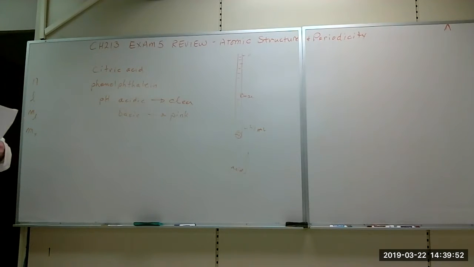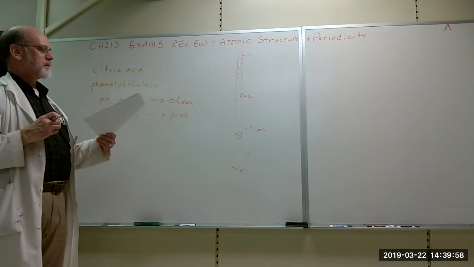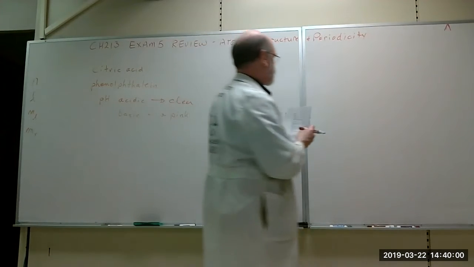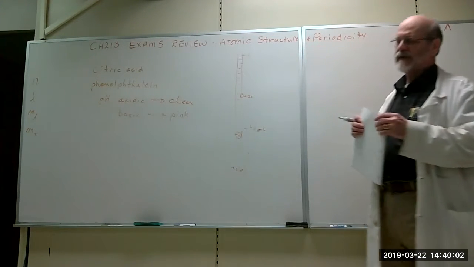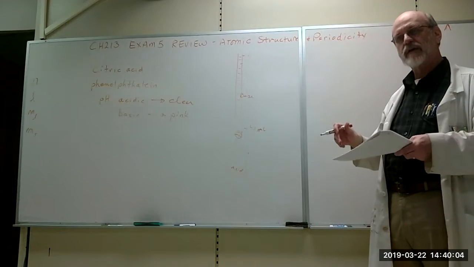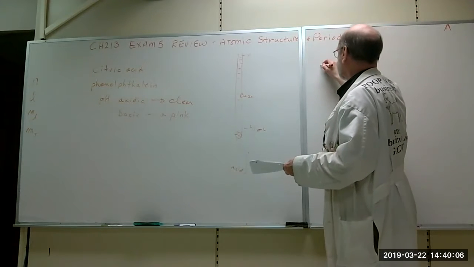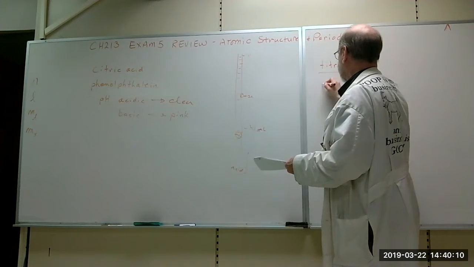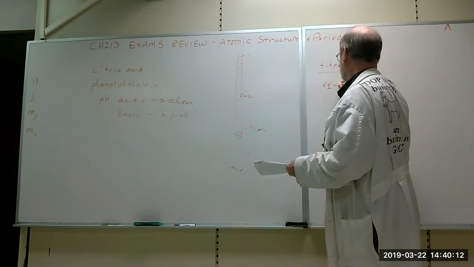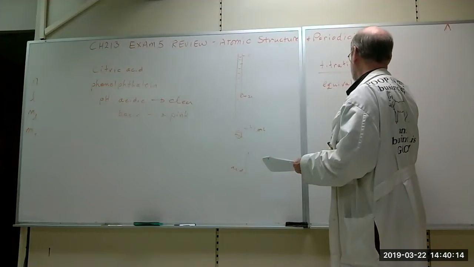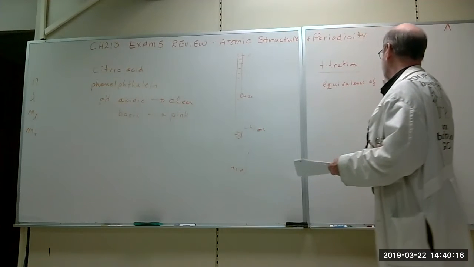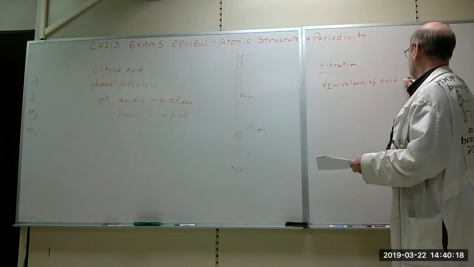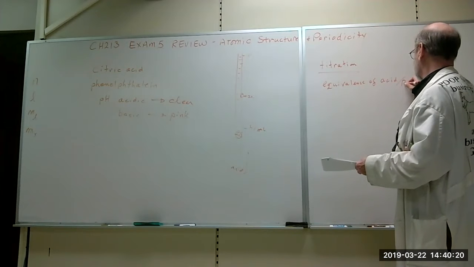So we're going to do actually 2 titrations. And a titration means an equivalence. Well, it depends on the reaction, but in our case, the titration refers to an equivalence of acid to base.